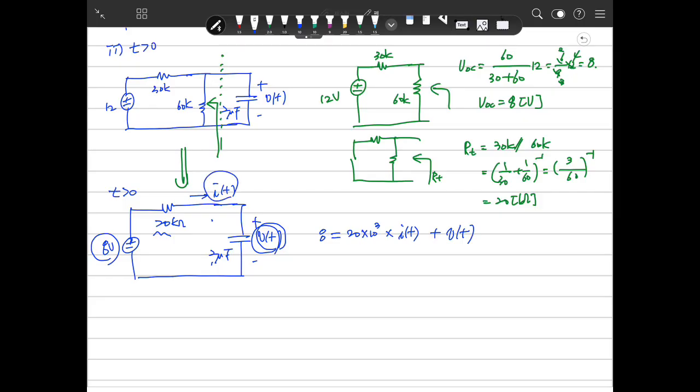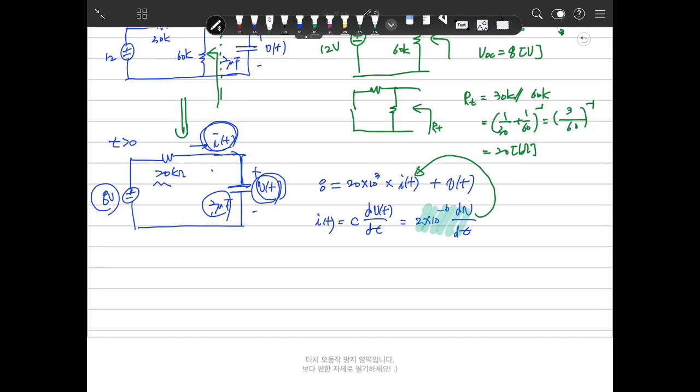But IT is going through this capacitor, so we know that IT is the same as C dVT/dt because this current is flowing through this capacitor. So it is 2 microfarads, 2 multiplied by 10 to the minus 6, dV/dt. So we insert this current into here.